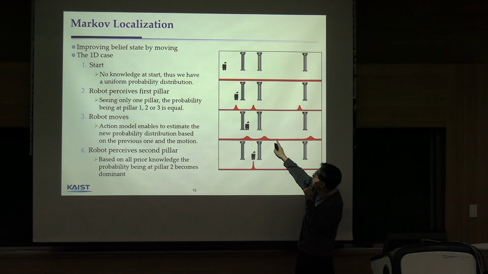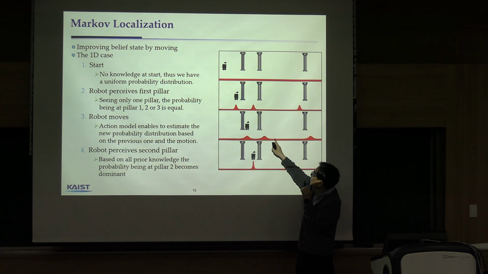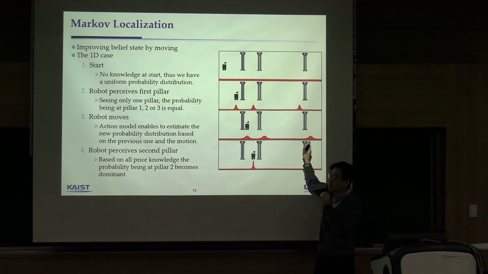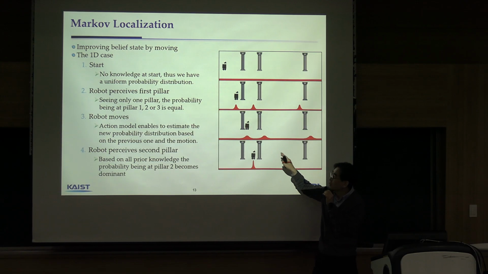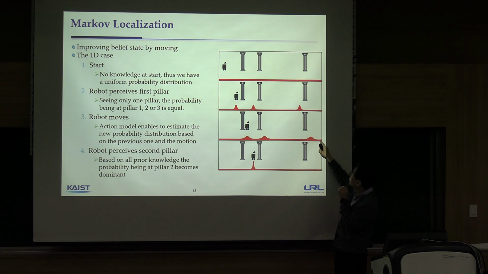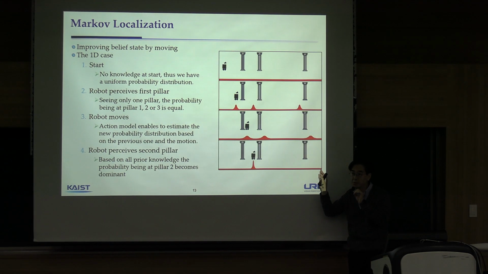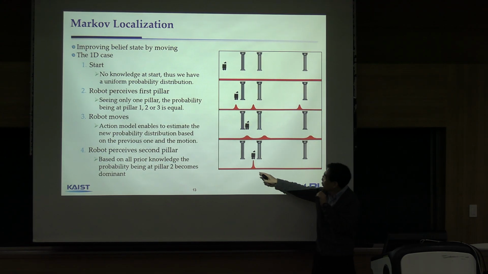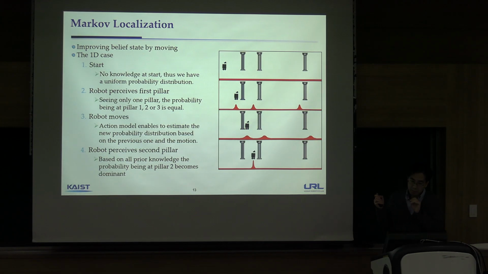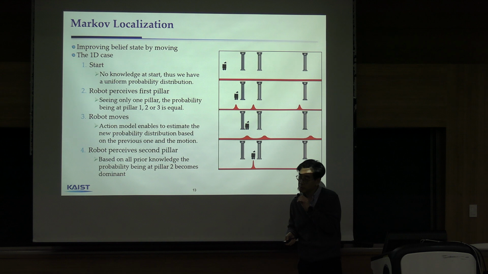The robot has proceeded like here, and we are observing this pillar, but in here there is no pillar, so this probability will be cancelled. And also this one, the robot is proceeding here, but there is no pillar, so this probability should be decreased. So we only have this peak at the correct location. This is the map-based localization scheme, also called Markov localization.